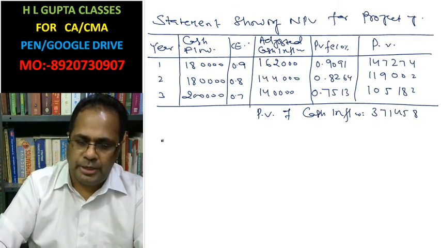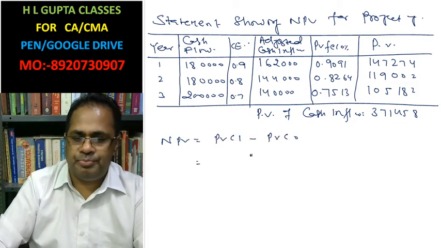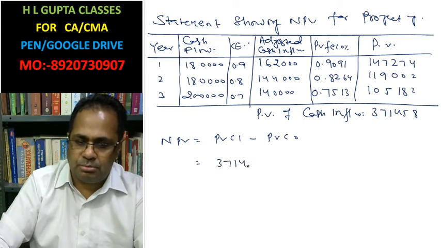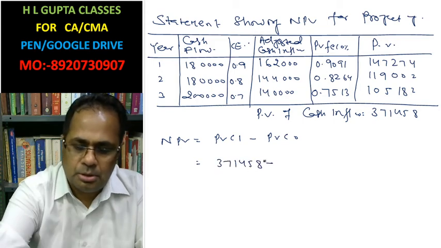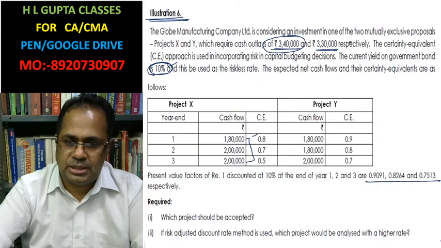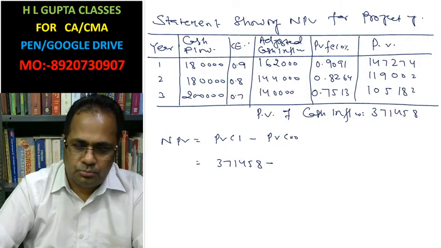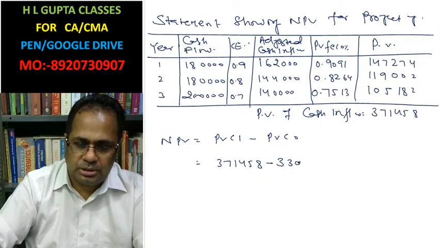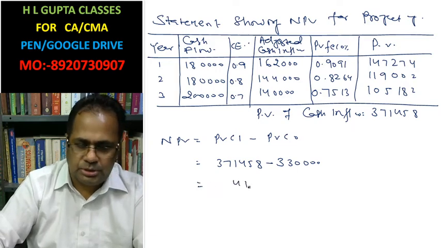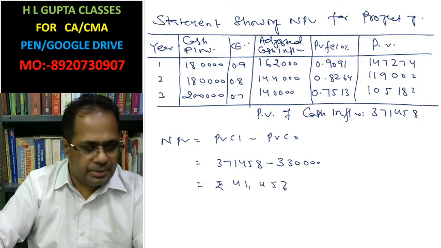Now net present value is present value of cash inflow minus present value of cash outflow. 3,71,458 minus what is the present value of cash outflow for project Y? 3,30,000. In this case, it is 41,458.